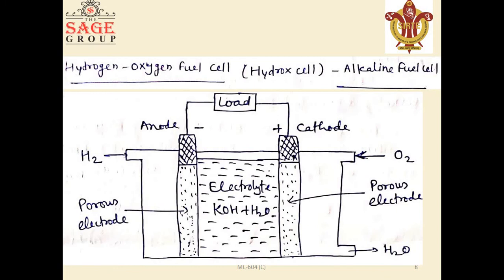The middle chamber between the electrodes is filled with a strong solution of KOH, or potassium hydroxide, which is the electrolyte. The surface of the electrodes is chemically treated to repel the electrolyte so that there is minimum leakage of potassium hydroxide into the outer chamber.